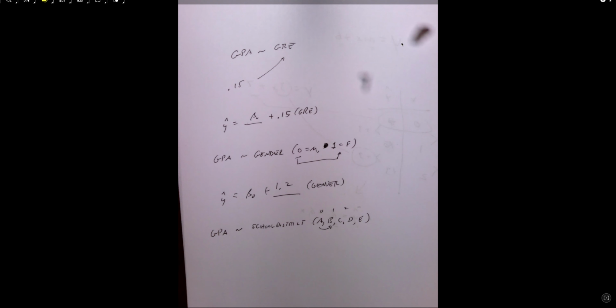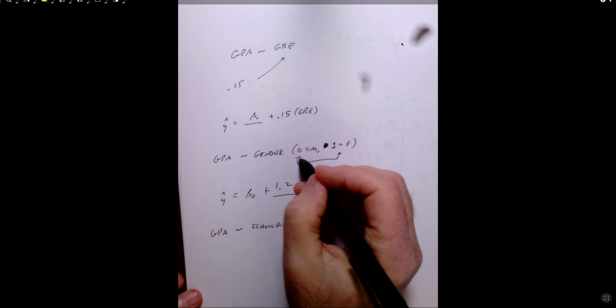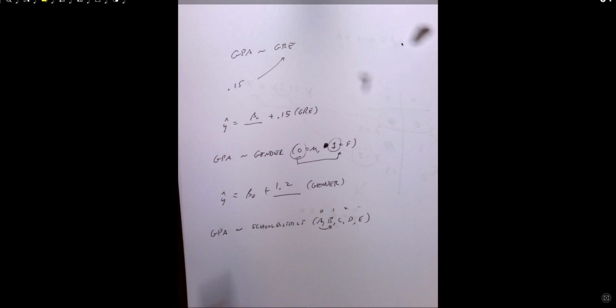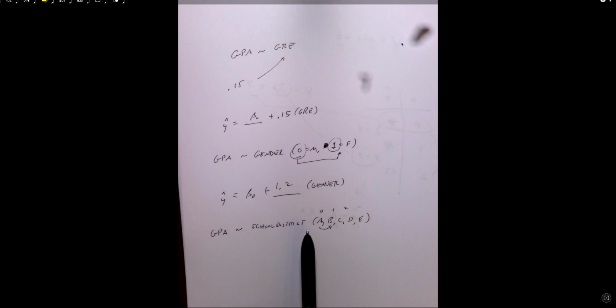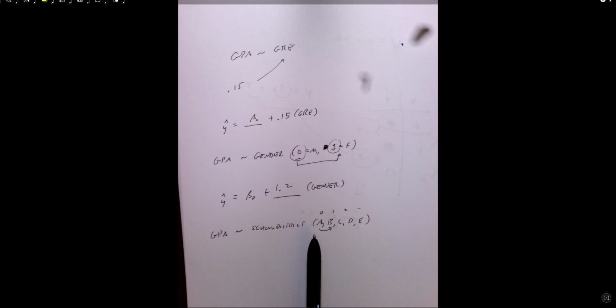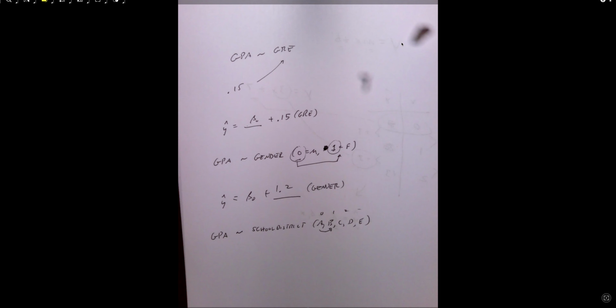We're just using a number as an assignment of a category. Because increasing 1 unit in the coefficient has no inherent meaning when we deal with categorical data, what we have to do is create dummy variables.